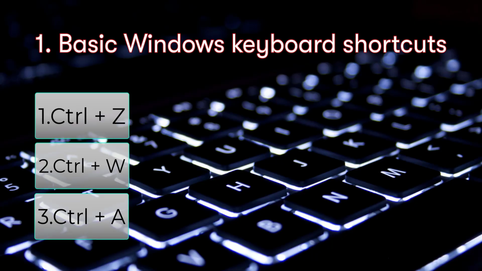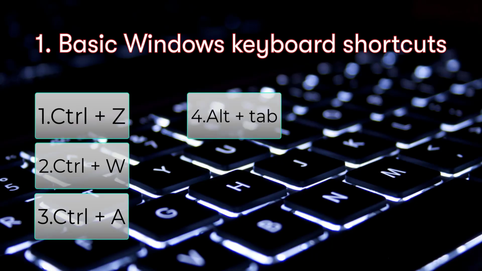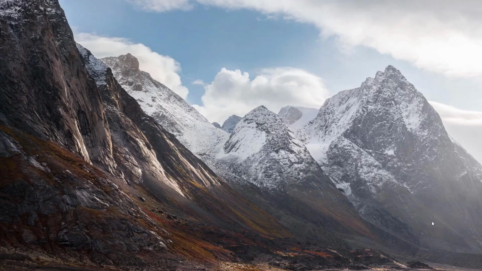Number 4, Alt-Tab. This one is one of the classic Windows shortcuts and can be hugely useful when you are running multiple applications. Just press Alt, Tab, and you will be able to quickly flick through all your open windows. Alright, it's as simple as other shortcuts.